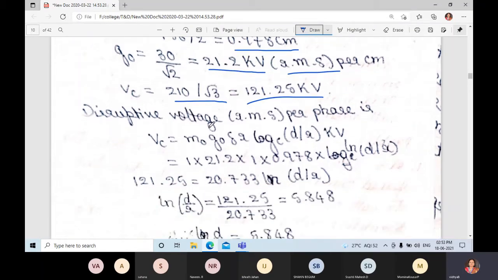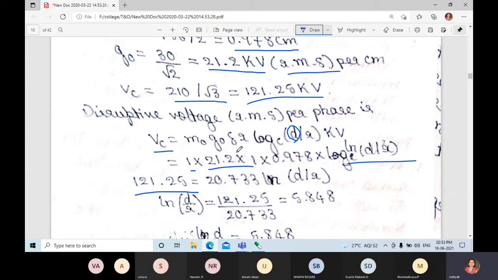Disruptive voltage formula, that is VC is equal to M0 G naught delta R ln D by R kilovolt. We know the M0 value, G naught value, delta and R. We don't know the value of D here, so keep it as ln D by R. The VC value is 121.25.